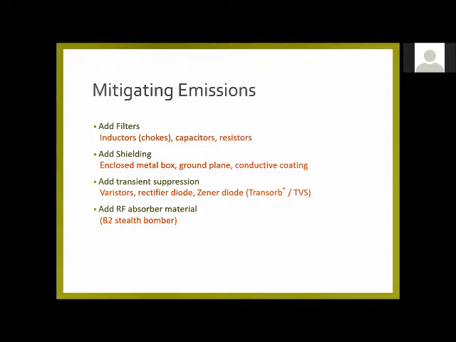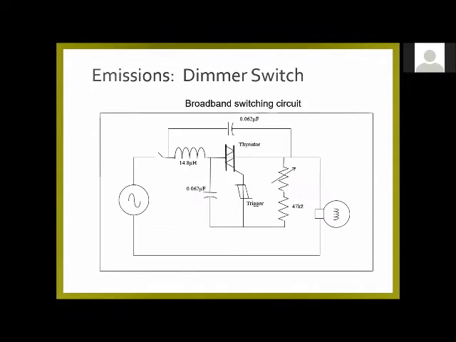You can also add RF absorber material. That's the type of thing that you'd find on a B-2 bomber. It's not something we typically coat our enclosures with, but I guess it could be done. I'm not sure how effective it would be for what we're dealing with.